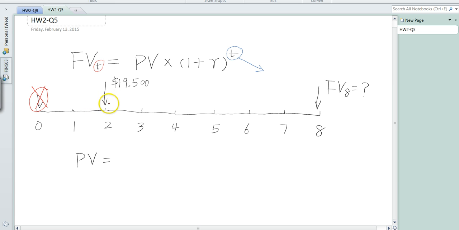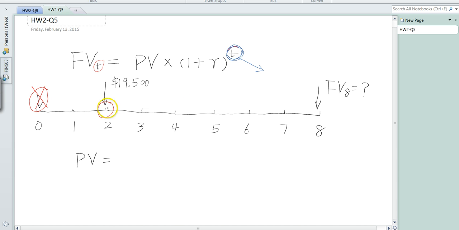When we stand at year 2, then year 2 becomes our present moment, and we can stand at year 2 and look forward. Then you can better understand why we say the t in the power is not necessarily the year number.